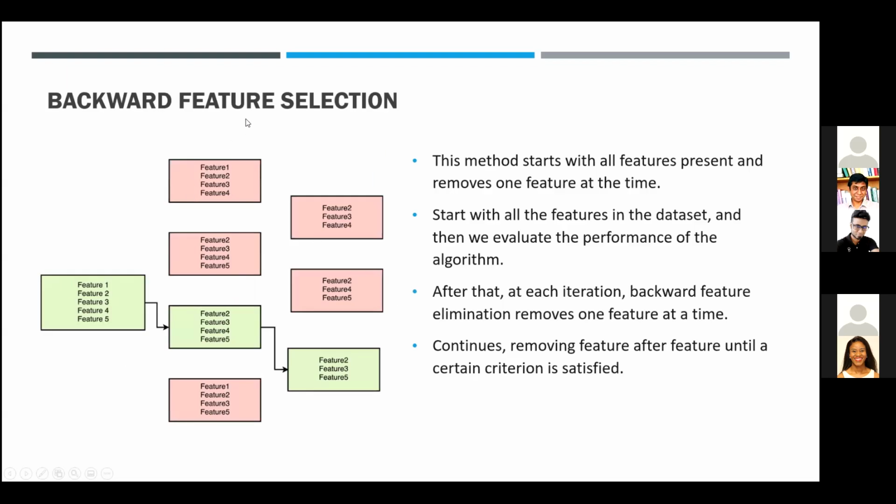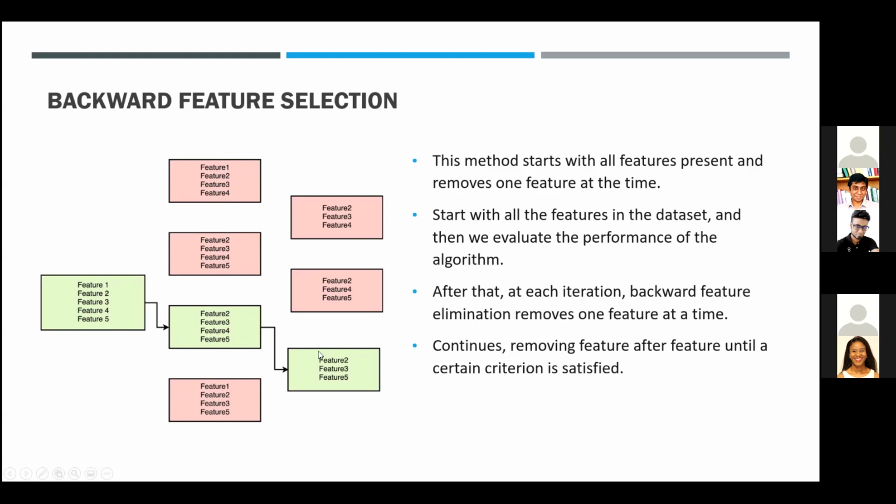Now, backward feature selection, as I've said, is also a greedy-based search method, and it starts with all features and then starts eliminating. So here you eliminate one feature. You start with all, then you eliminate the first, here the first as well, and here the fourth, and then you determine which one gives you the best performance or the best increase in performance, and then you use that as your baseline.